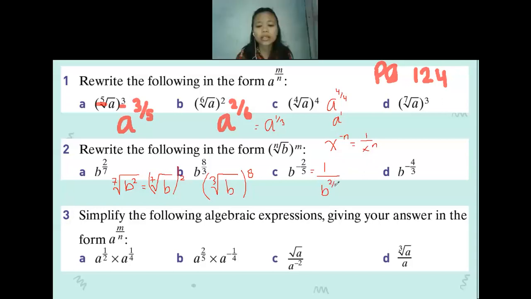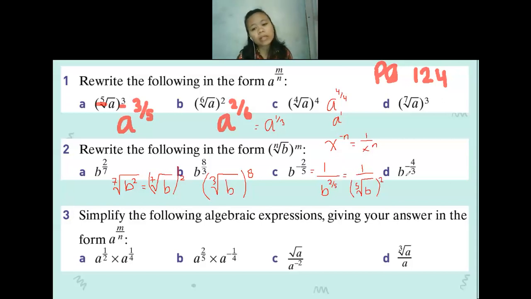So now we already have b to the power of 2 per 5. We can make it into root form. So it will be the fifth root of b to the power of 2. Is there anyone having any confusion? If you do not ask me any question, I will assume all of you already understand. Please kindly ask me any question if you have any question.